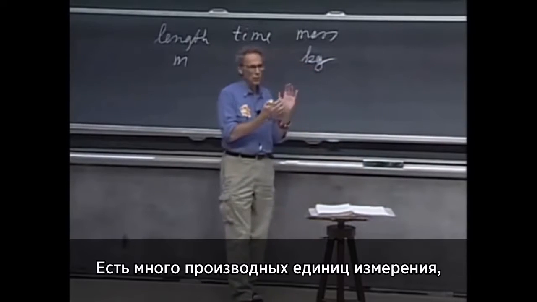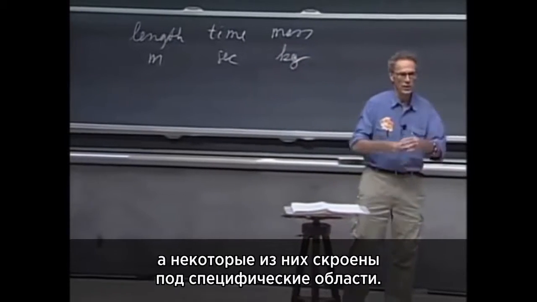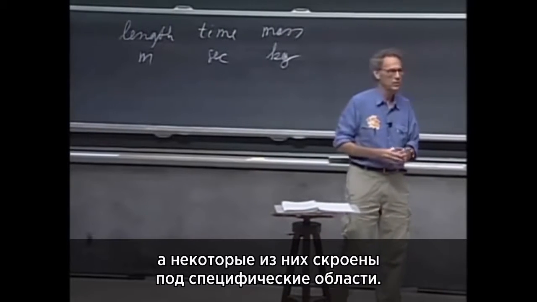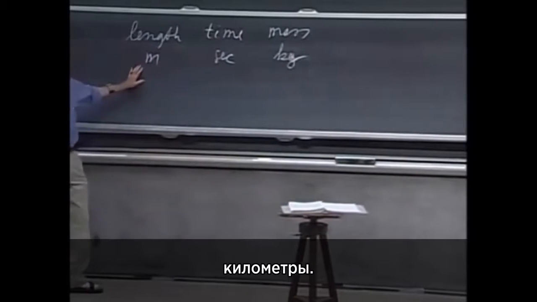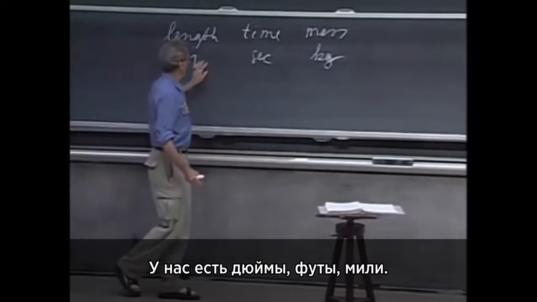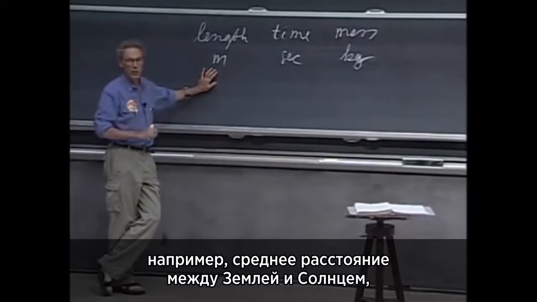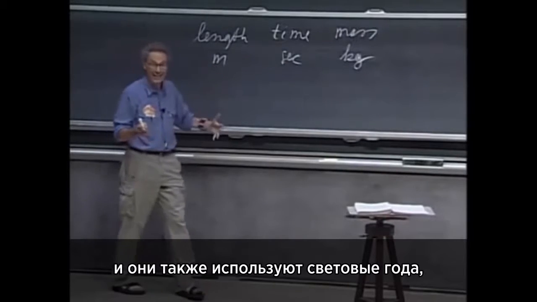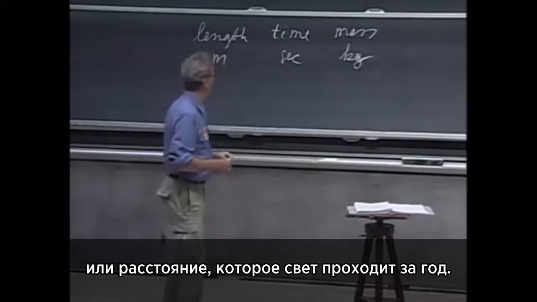Now, there are many derived units which we use in our daily life for convenience, and some are tailored towards specific fields. We have centimeters, millimeters, kilometers, inches, feet, miles. Astronomers even use the astronomical unit, which is the mean distance between the Earth and the Sun, and they use light years, which is the distance that light travels in 1 year.